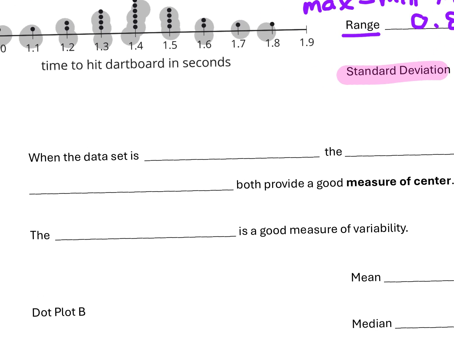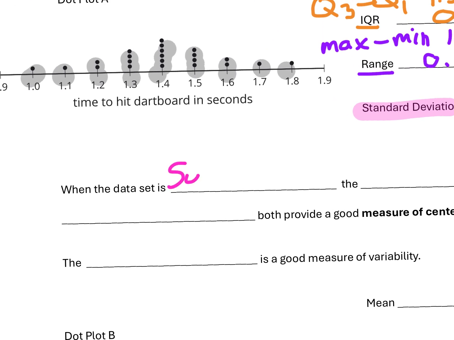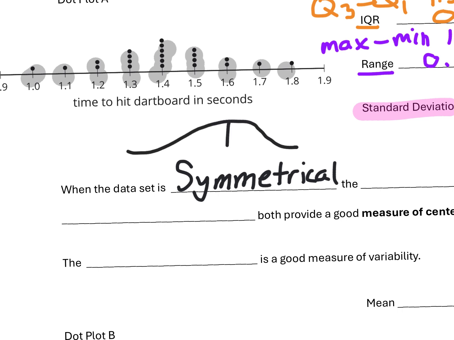So if we look at our dot plot, we see that the data set is what we call symmetrical. What symmetrical means is it is the big kid word for when the data looks the same on either side. It's very evenly spaced out and looks the same on either side of the middle.